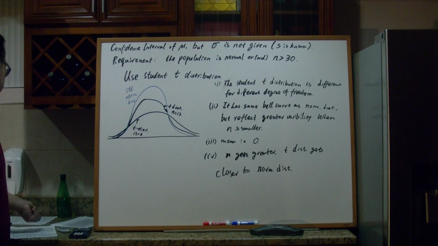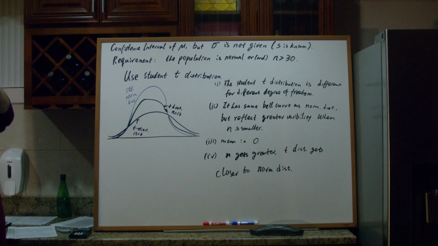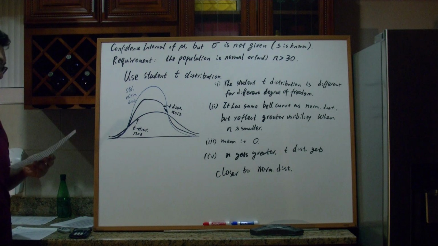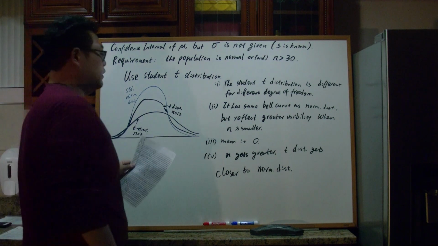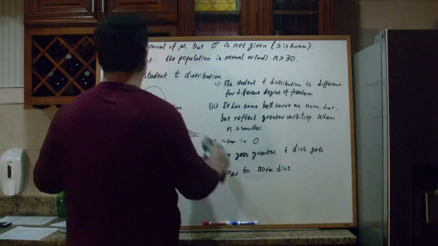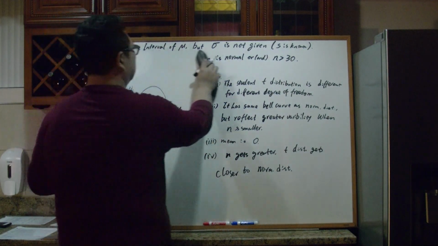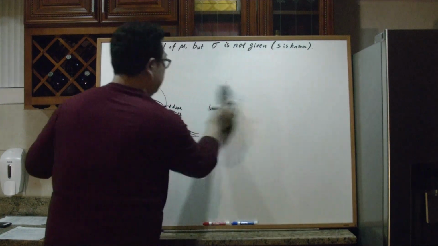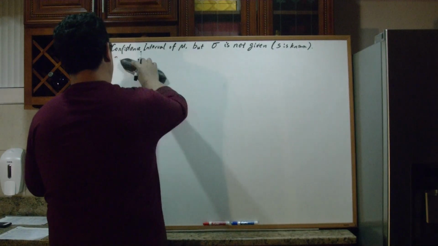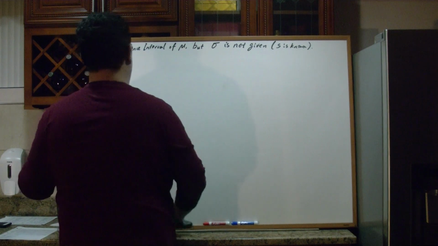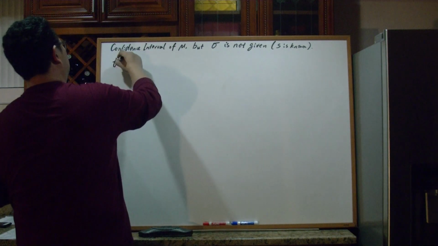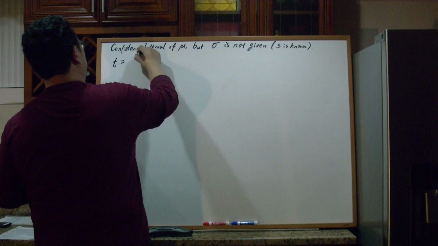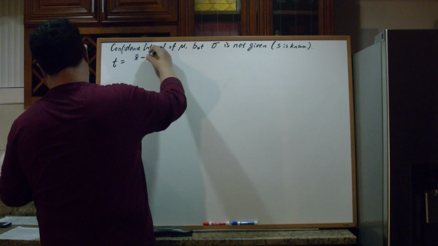That is the property of the t-distribution. So the critical t-score, or the t-score from the population, will be the same as the z-score.